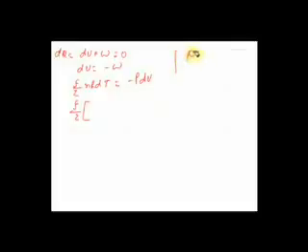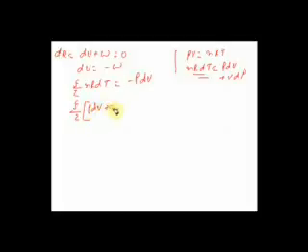From the gas law we know that PV is equal to nRT, so nR dT will be equal to P dV plus V dP.